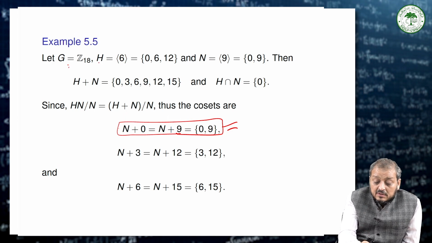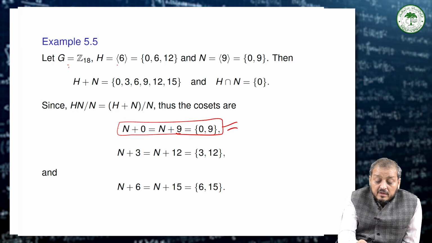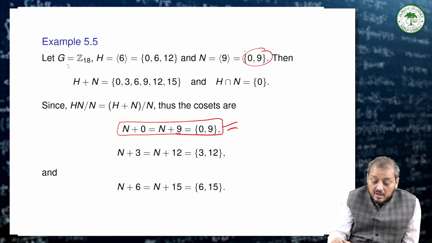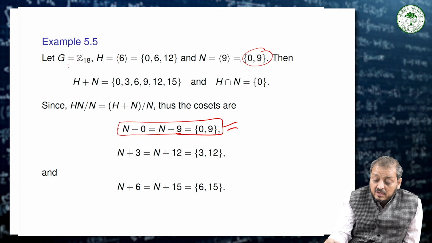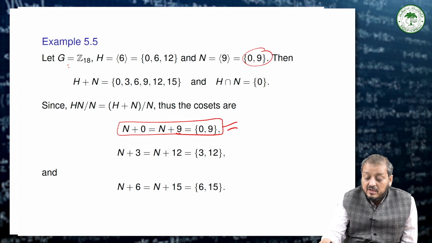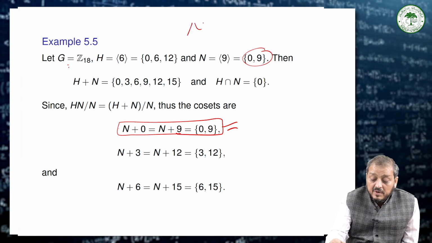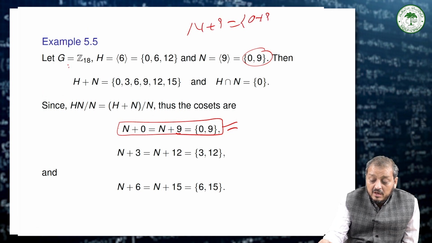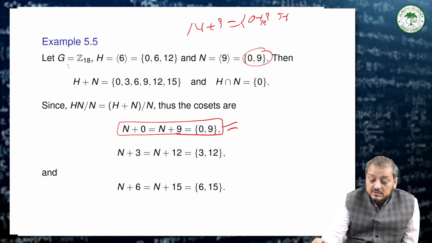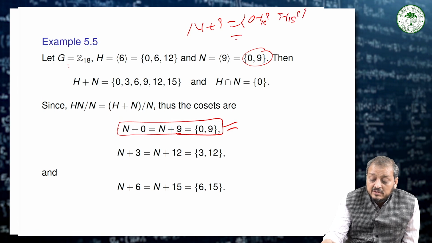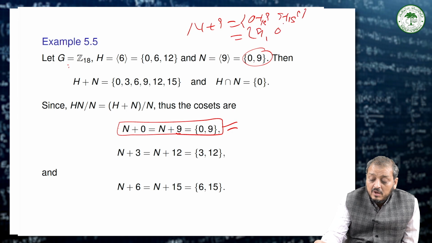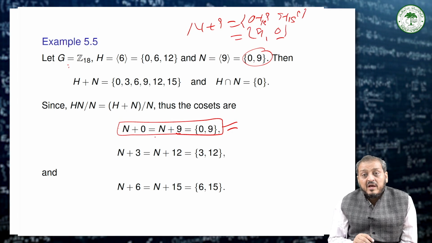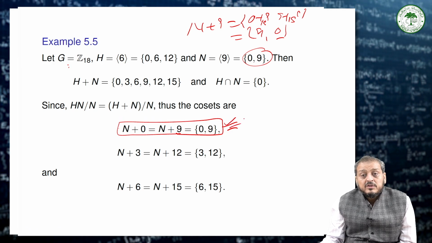So N plus 0 is equal to {0, 9}, and now if you take N plus 9, clearly N plus 9 is equal to 0 plus 9 modulo 18 and 9 plus 9 modulo 18, which is 9 and 0, and this can also be written as {0, 9}. So N plus 0 and N plus 9 are the same as {0, 9}.